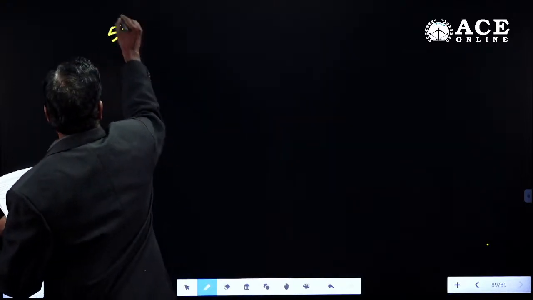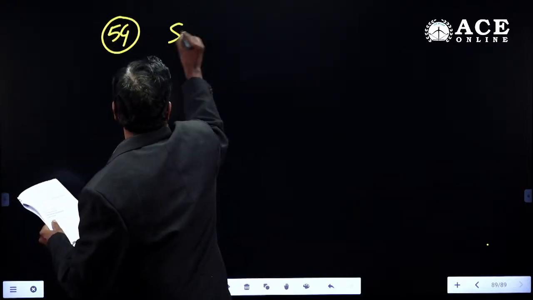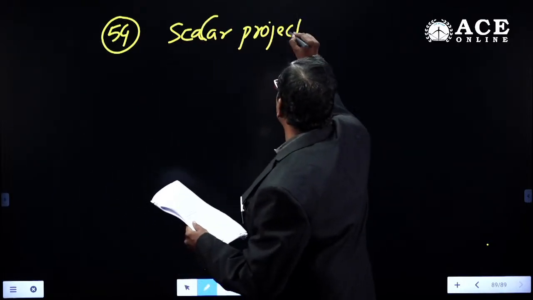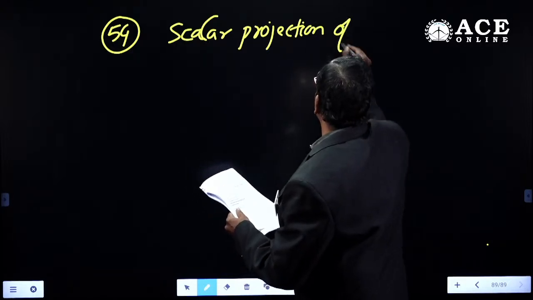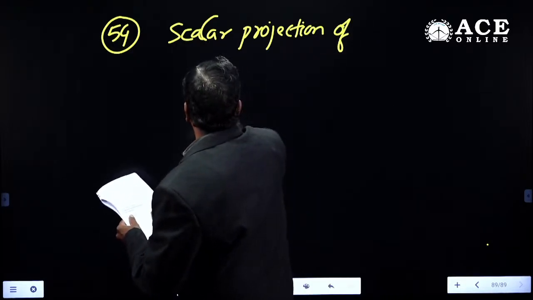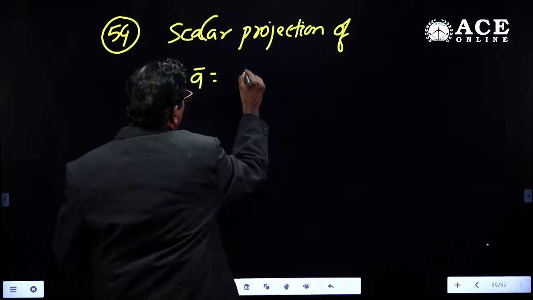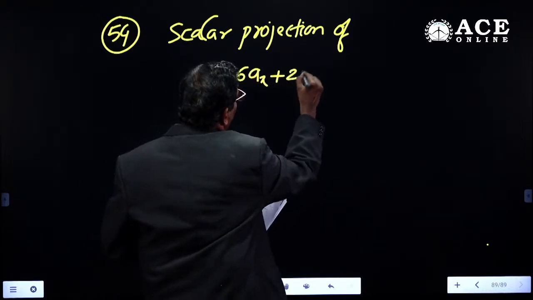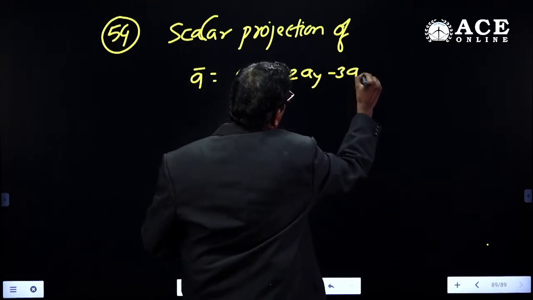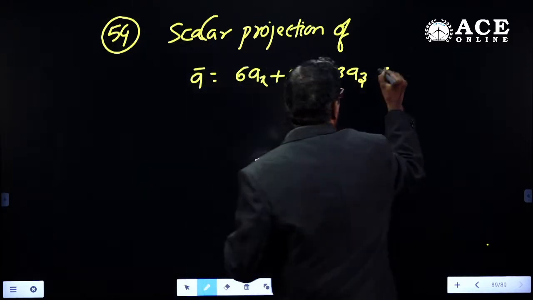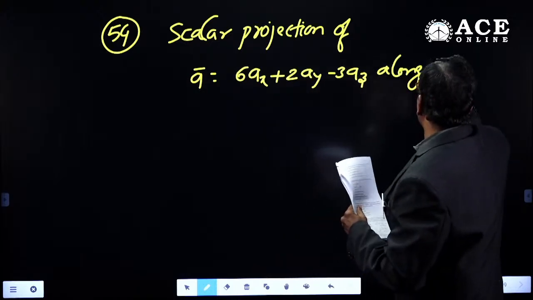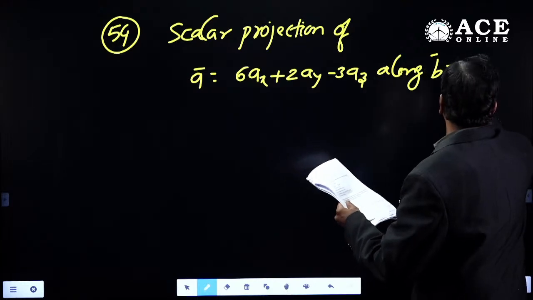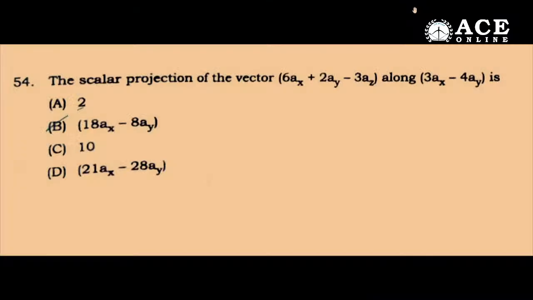Scalar projection of a vector a bar given as 6ax plus 2ay minus 3az along b bar, another vector b bar given as 3ax minus 4ay.